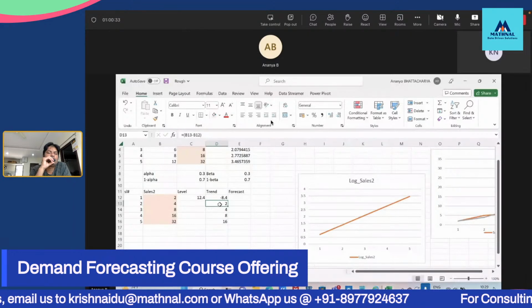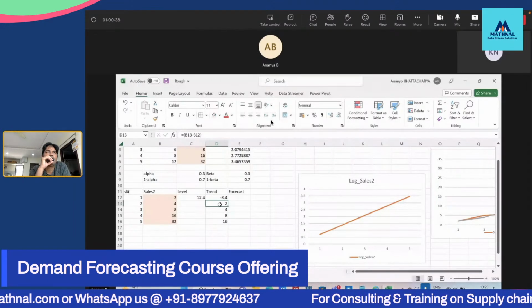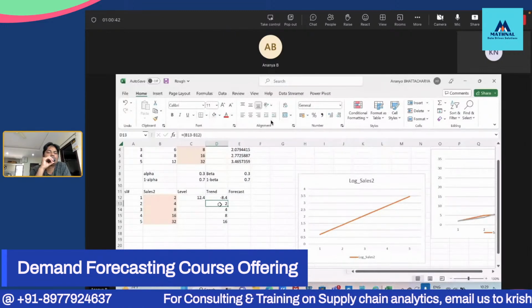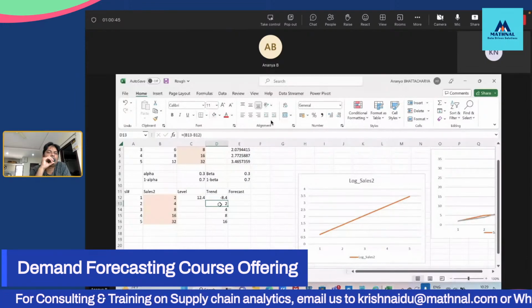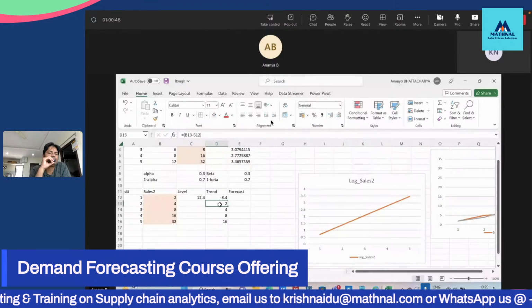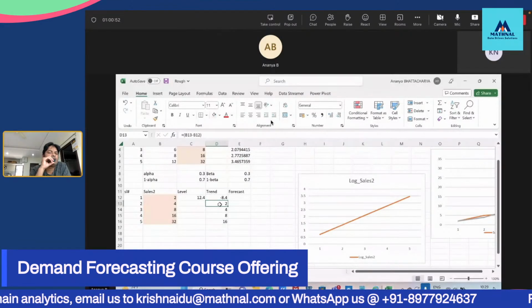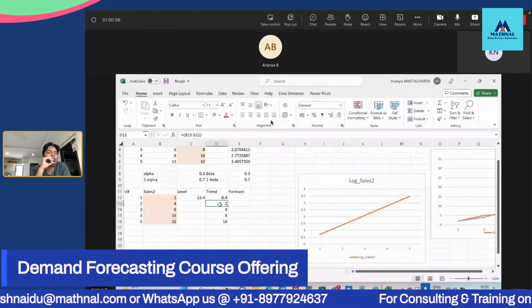Okay, so there are three ways we can get our first trend value. One way is that we can do B13 minus B12. Second way is we can do B13 minus C12.